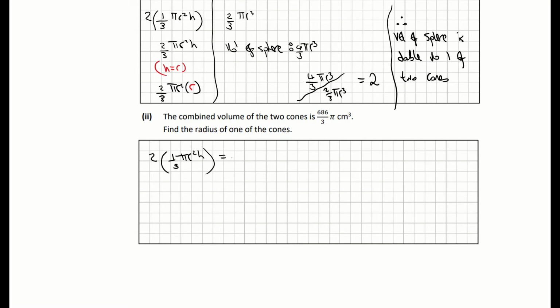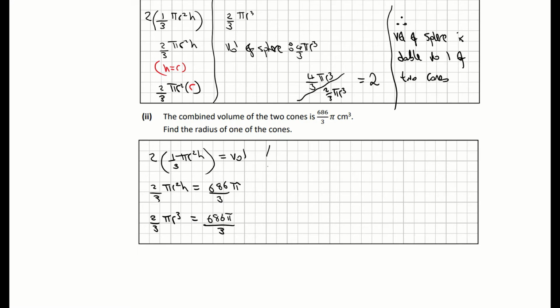I'm going to let that equal my volume. When I multiply in that 2, I get 2 over 3 pi r squared h is equal to 686 over 3 pi. I'm now going to substitute in r for h once again, giving me 2 over 3 pi r cubed is equal to 686 pi divided by 3.